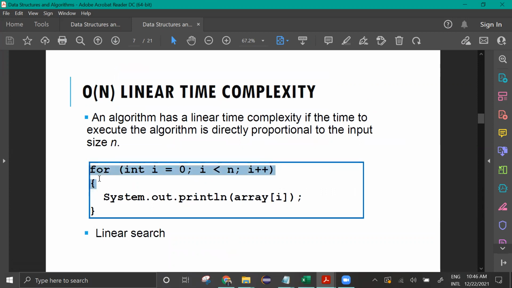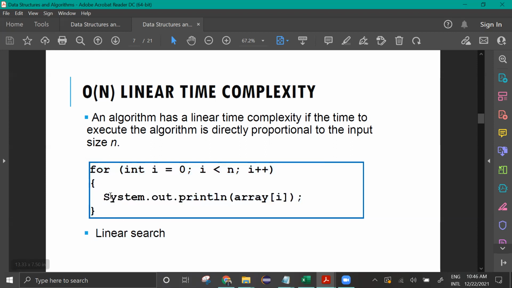In this case, we are printing all the values of the array. We display all the array items. Again, it is linear. If you want to print all the values in the array, you have to go through the array using a loop that goes from 0 to n. N times it is iterating, so it is linear time.